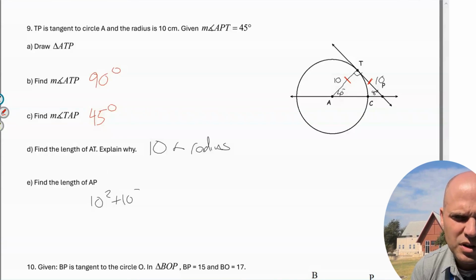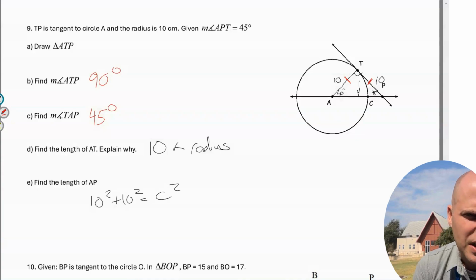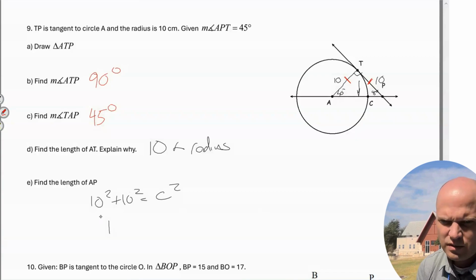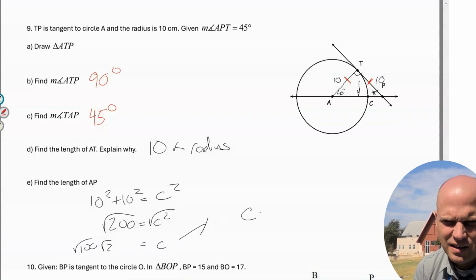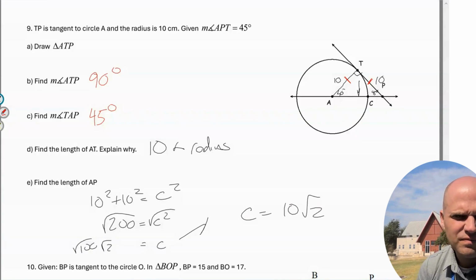A squared plus B squared equals C squared. C is opposite the 90-degree angle. You're going to realize this is 10 root 2, because this is going to be 200, which, after square rooting, is root 2 times root 100, which is 10 root 2.